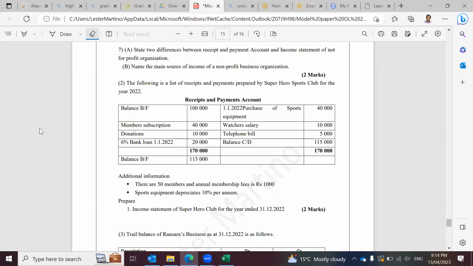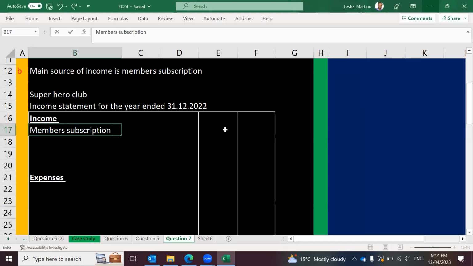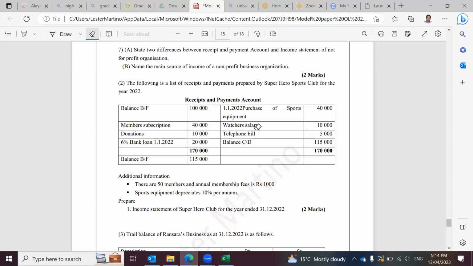Members subscription. So you received 40,000 and they further mentioned additional information. There are 50 members. Annual fee is 1,000. So 50 into 1,000 is 50,000. You have received 40,000. So 10,000 to be received.